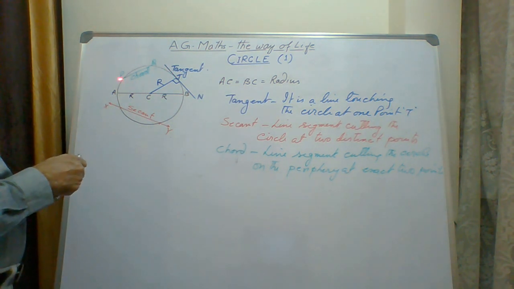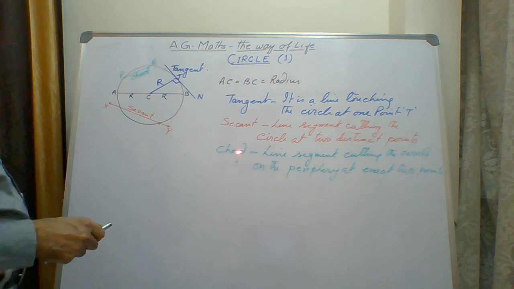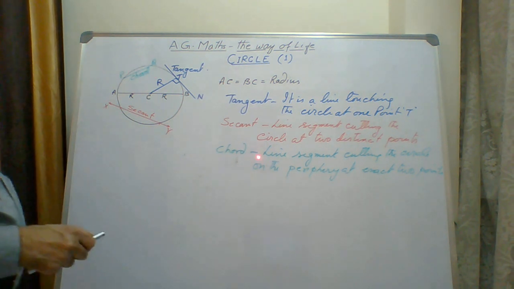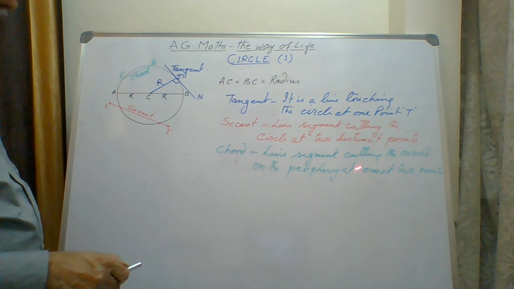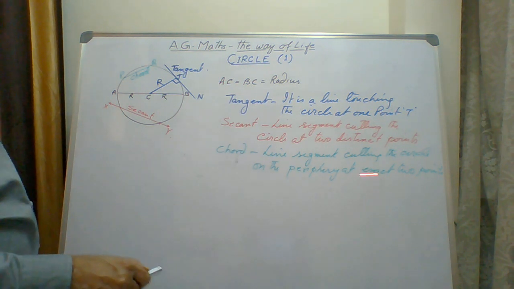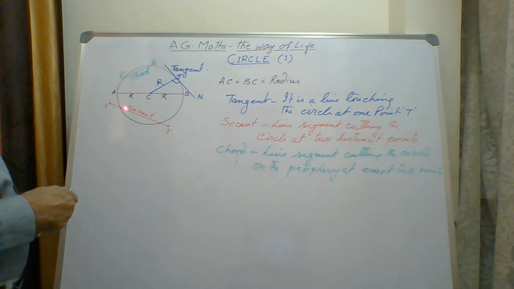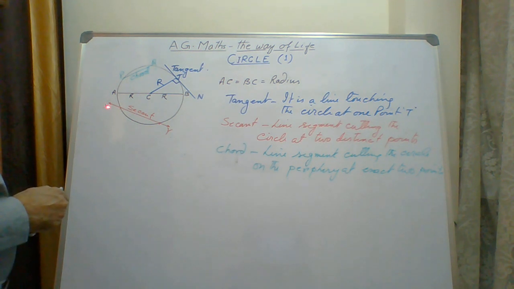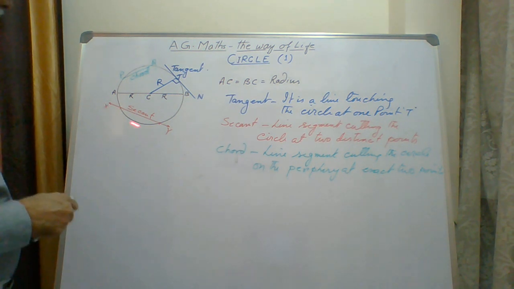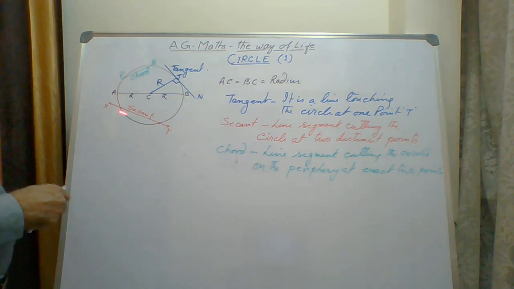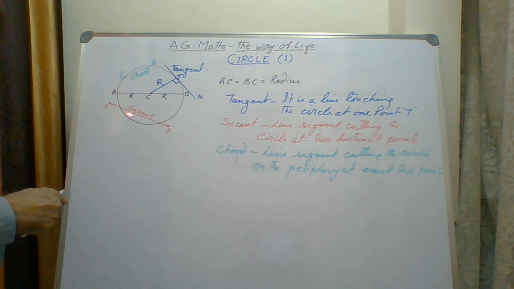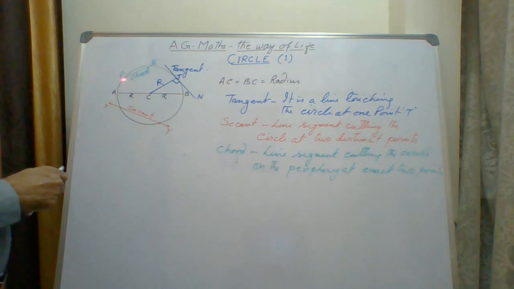Let us start with PQ. PQ is a chord which is cutting the circle at 2 points. It's a line segment cutting the periphery at exactly 2 points, P and Q. Then we came to secant. Secant is a line segment again which is extended at both ends beyond the points P and Q.